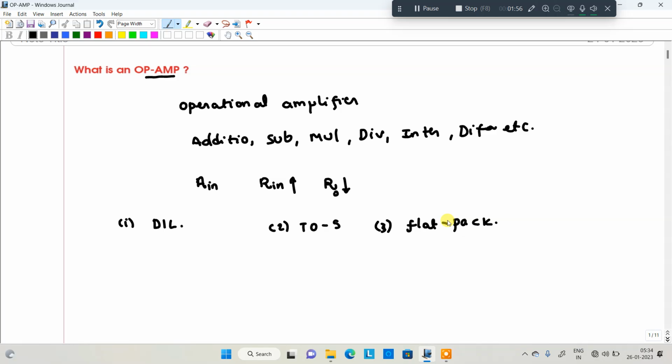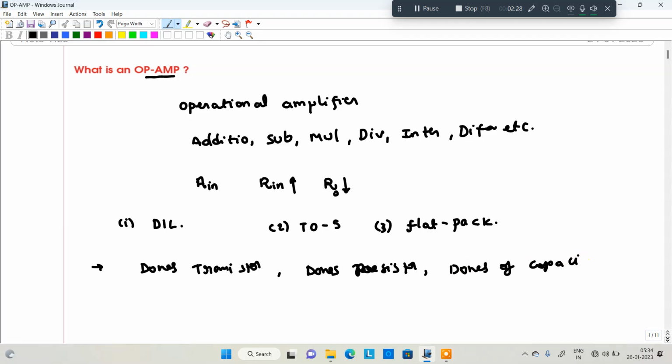Now, this particular operational amplifier has, in a single chip, dozens of transistors, dozens of resistors, dozens of capacitors.